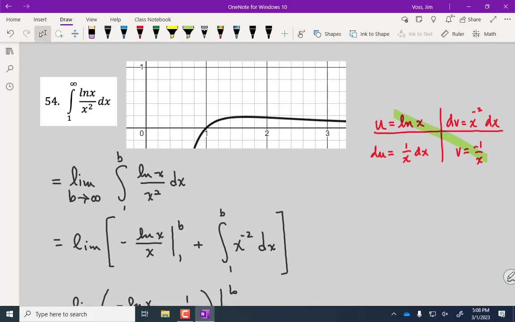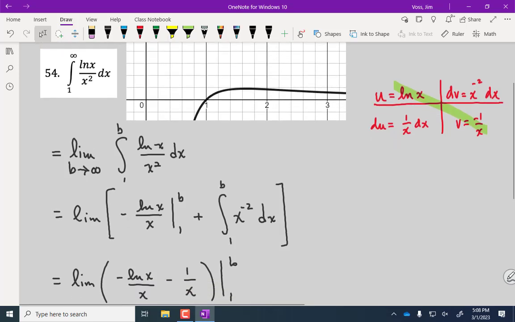In our u dv part, why is it just ln x over x? Down in the black writing, this is u times v. It's not u times dv. The integration by parts, the ultraviolet voodoo part, is uv minus integral of v du. So that's u times v. All right.